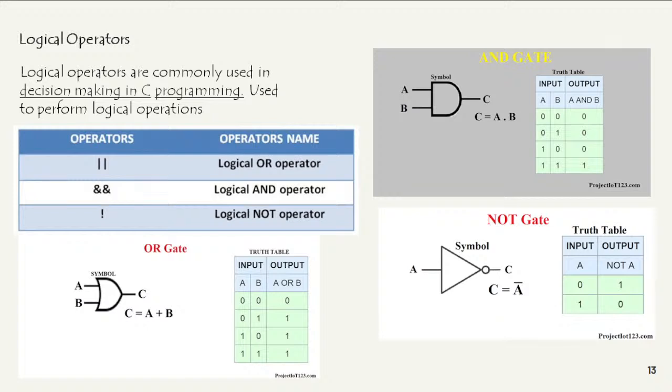In C programming, we have three different operators available in the logical operators category, that is logical OR, logical AND and logical NOT.